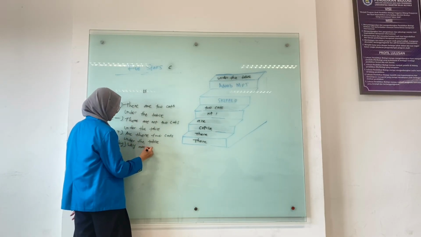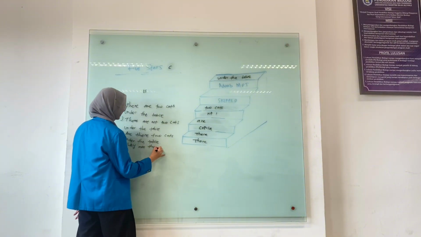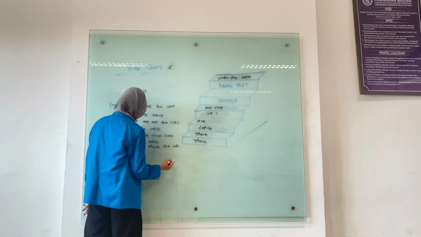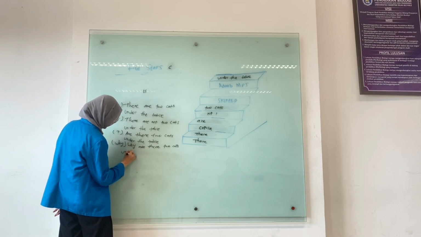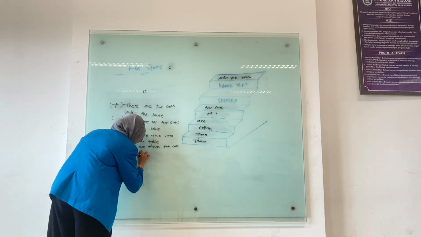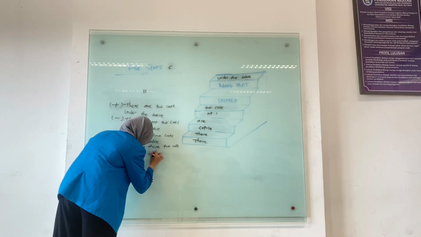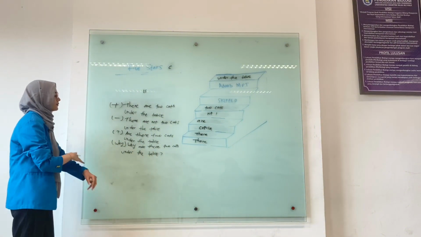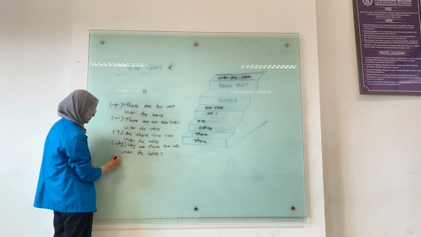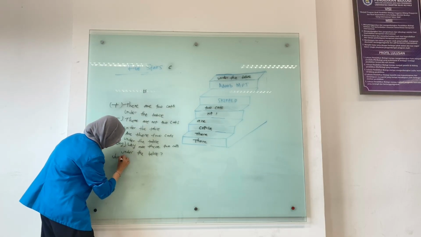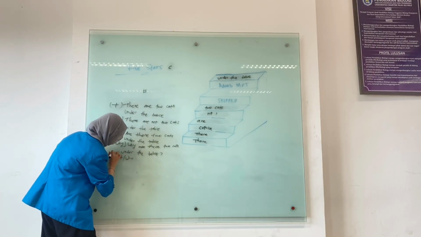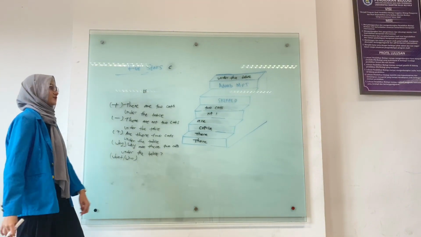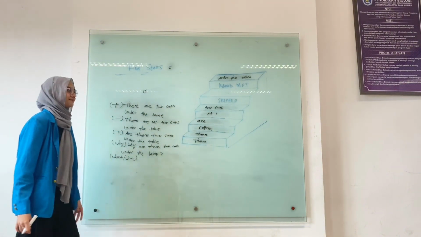Why are there 2 cats under the table? And for the what or who question, we have to pay attention to the NP1 again.